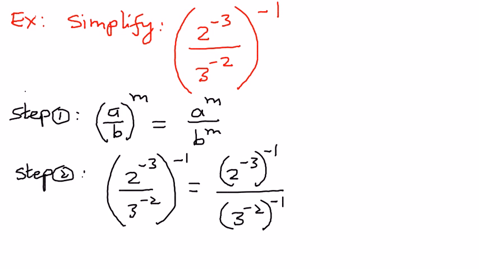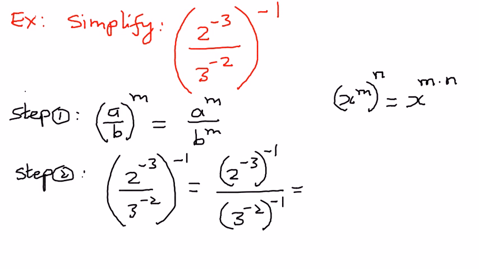Now, we can simplify the numerator part, we can simplify the denominator part. The numerator and denominator, they look like another rule which we talked about. If we have x to the power of m and that exponent is raised to another power, like to the power of n, the rule is telling us that we write the base once and then we multiply the powers, m times n.